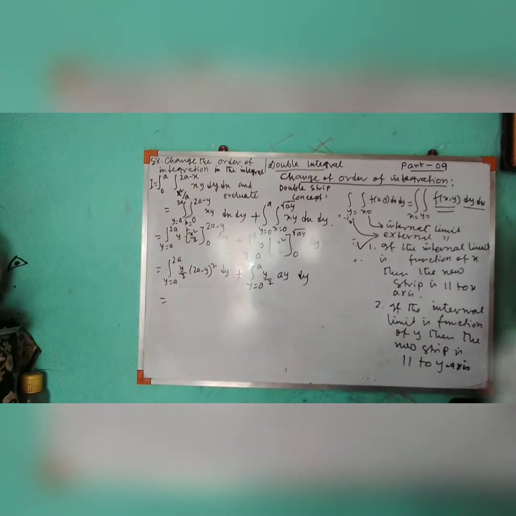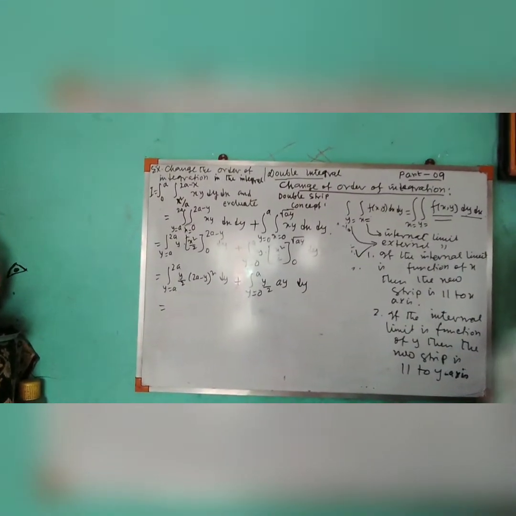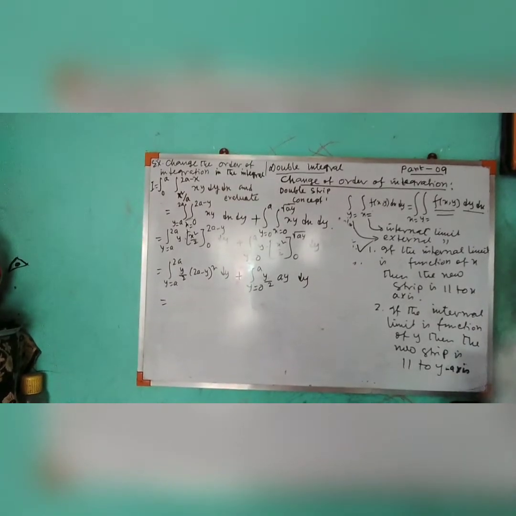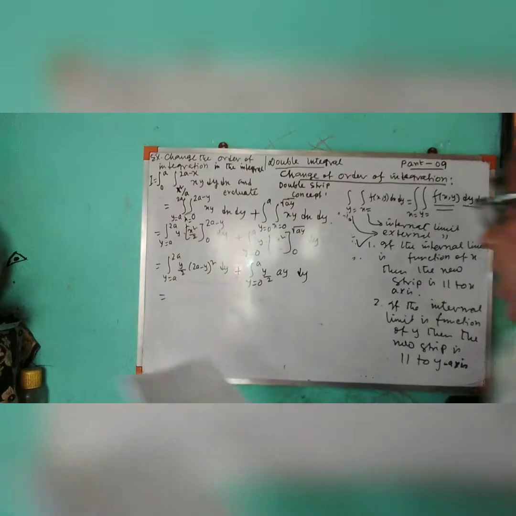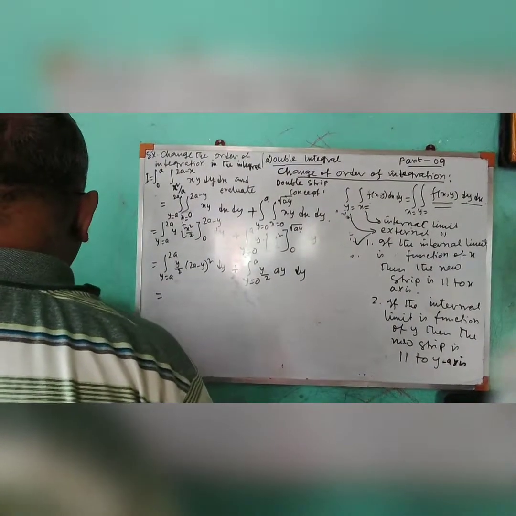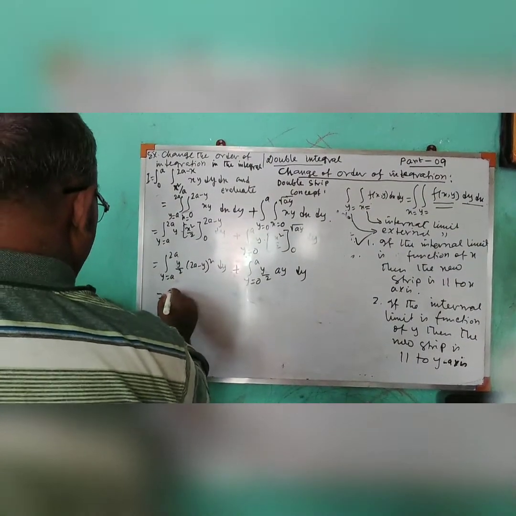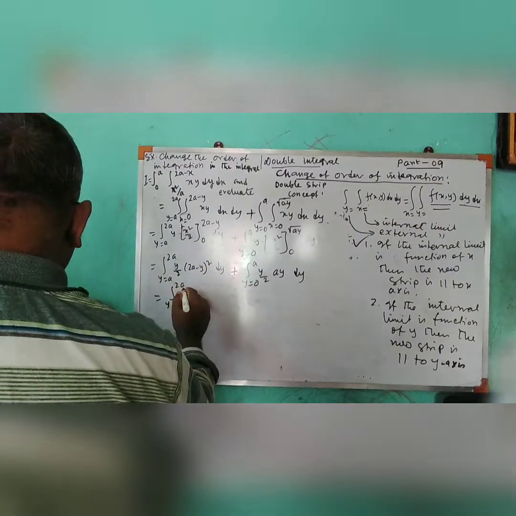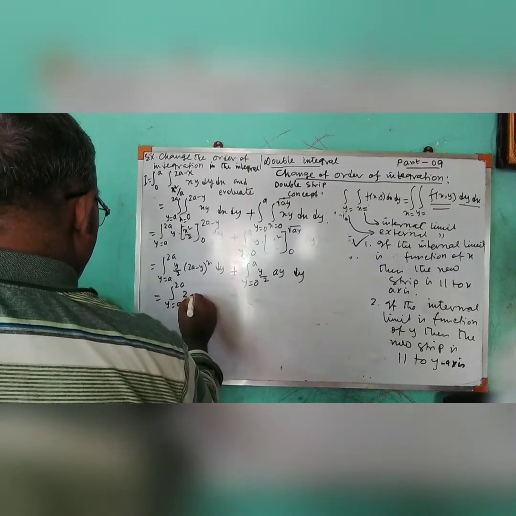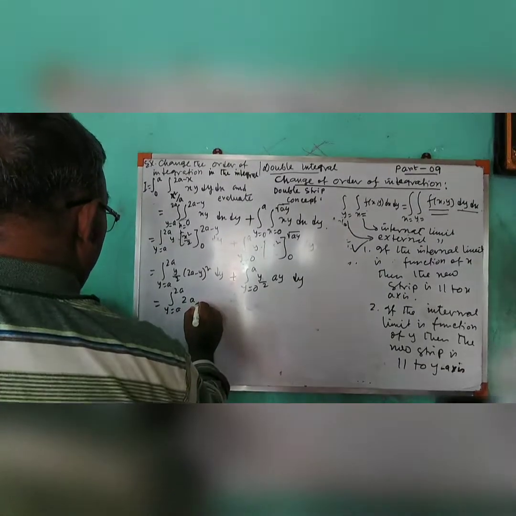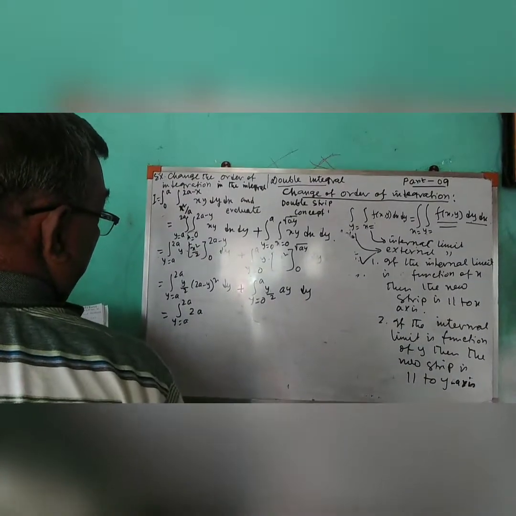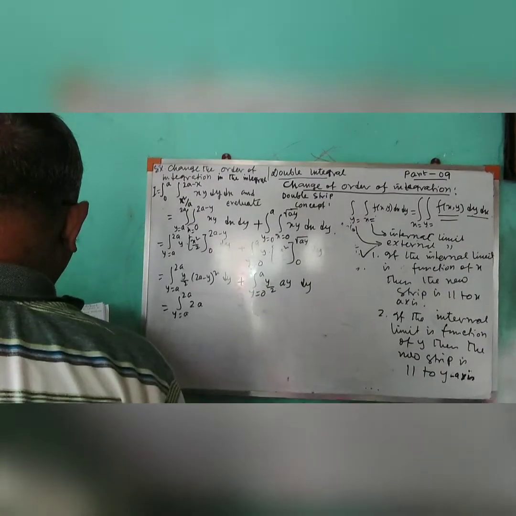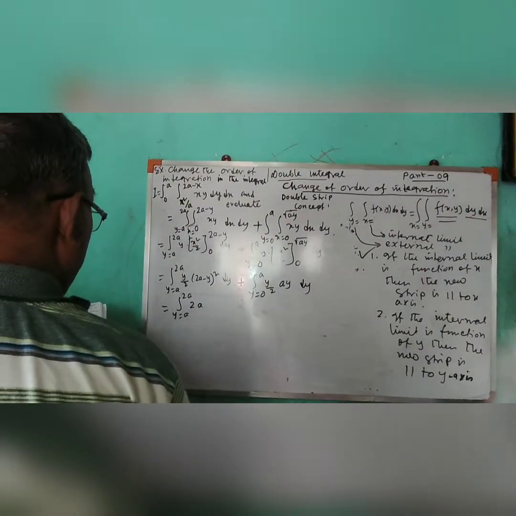So now integration of this portion. If we simplify this portion, then we are getting y equal to a to 2a, 2a minus y whole square into y.